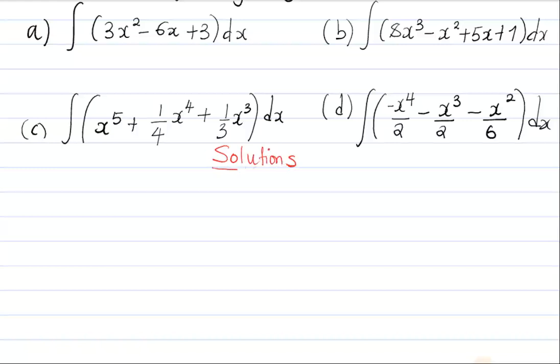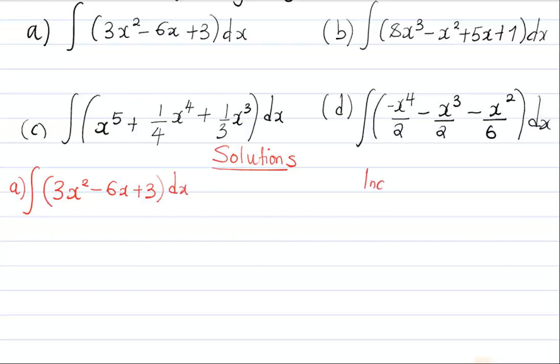The integral of 3x squared minus 6x plus 3 with respect to x can be integrated as follows. Remember that whenever you are integrating, we increase the power.